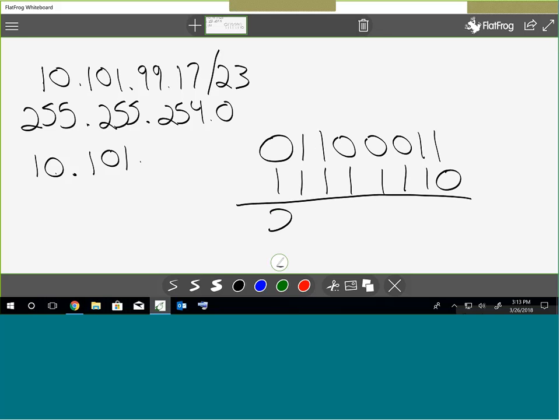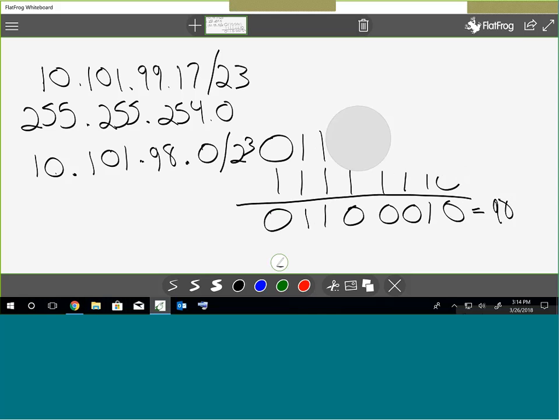So 98. Exactly. So guess what? This host is on .98 in the third octet. Not 0 on the network. Exactly, because what happens if I add 0 to 17? I get 0, right?